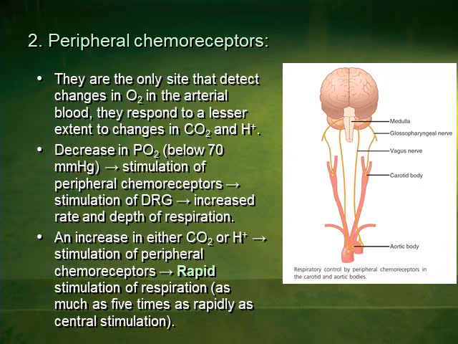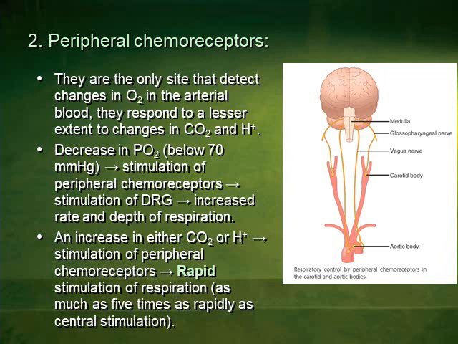The peripheral chemoreceptors. As we mentioned before, central chemoreceptors are not sensitive to changes in oxygen concentration in the peripheral blood. So how can the respiratory centers detect changes in the oxygen? Simply, they get the information through the peripheral chemoreceptors.